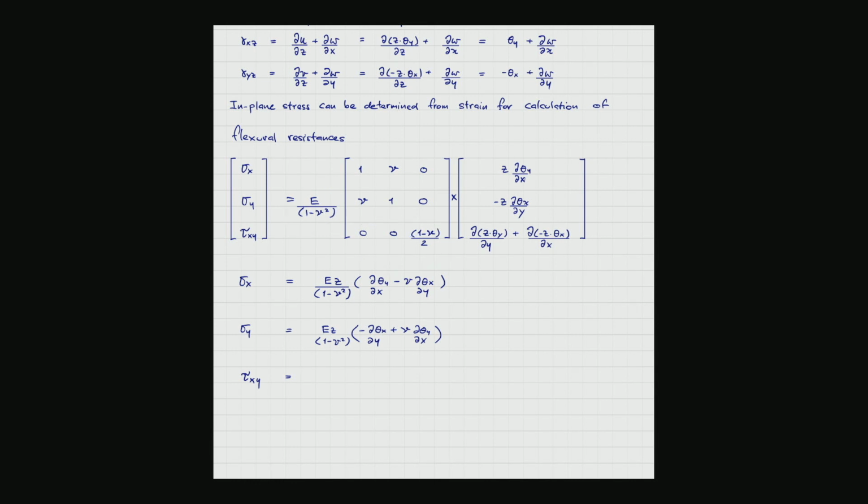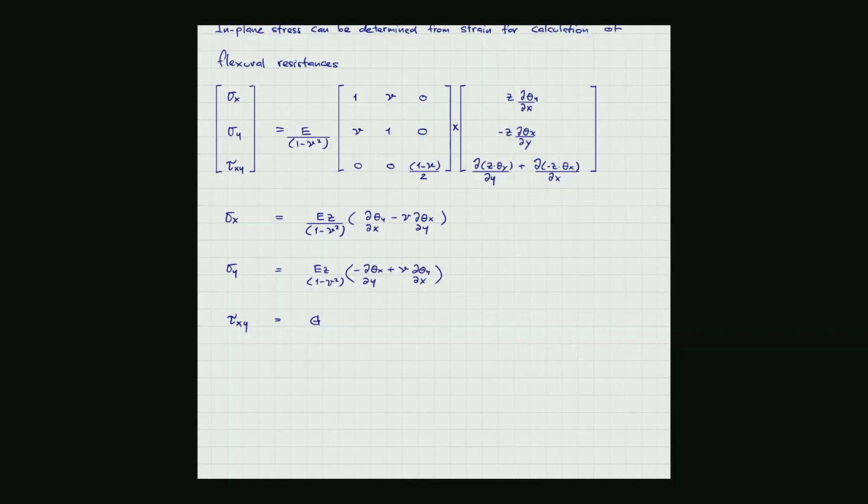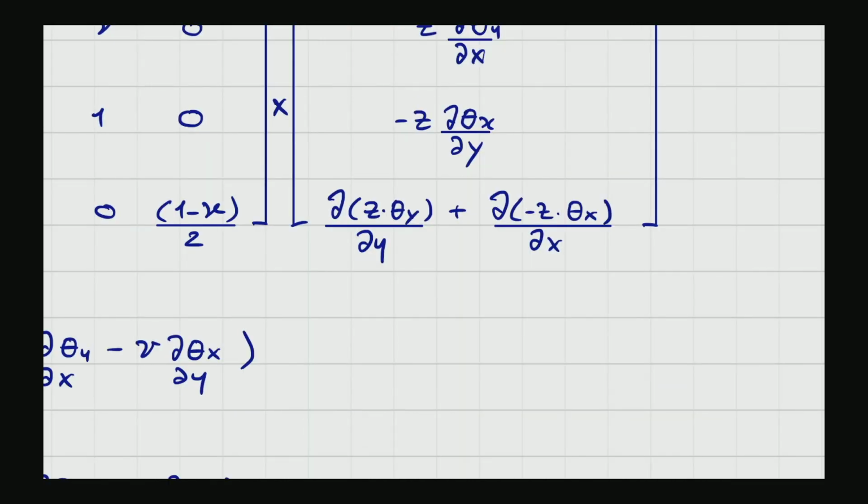That's the shear modulus. So you have the shear modulus multiplied by Z. Z is a common factor, and Z is not supposed to vary with Y. In fact, I should have brought it out.